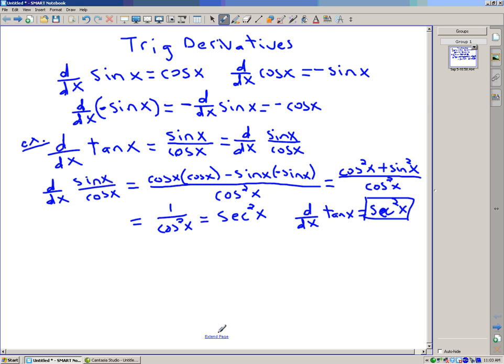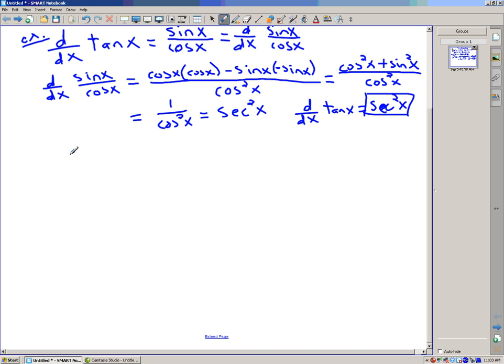Okay, extend the page here and let's do 2 more. We are going to find now the derivative of cosecant of x. And again, I'm going to write this as a quotient. Of course, cosecant can be rewritten as the reciprocal of sine, so cosecant is 1 over sine.